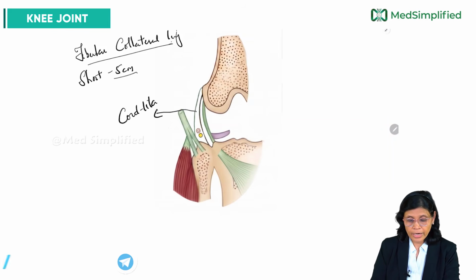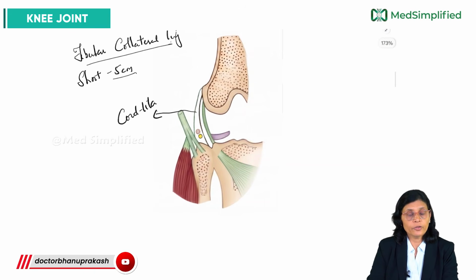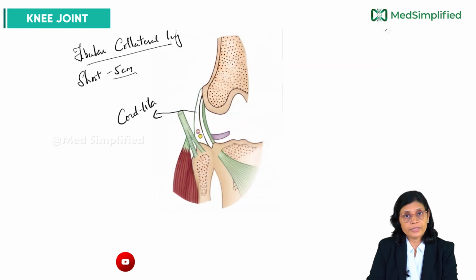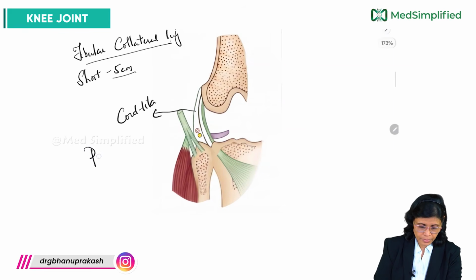And this fibular collateral ligament, basically, morphologically, it represents the degenerated tendon of peroneus longus. So the fibular collateral ligament or the lateral collateral ligament represents the degenerated tendon of peroneus longus. Okay, so this is the peroneus longus degenerated tendon.